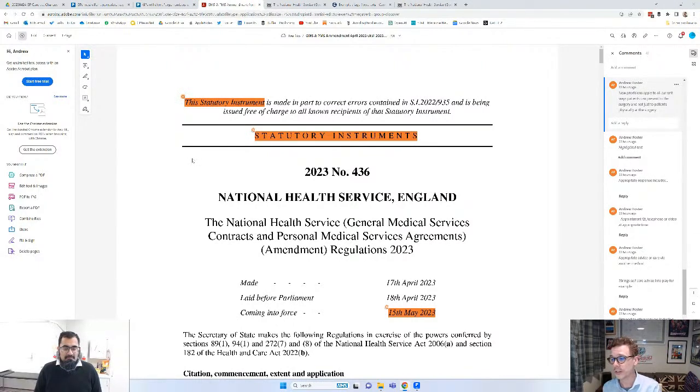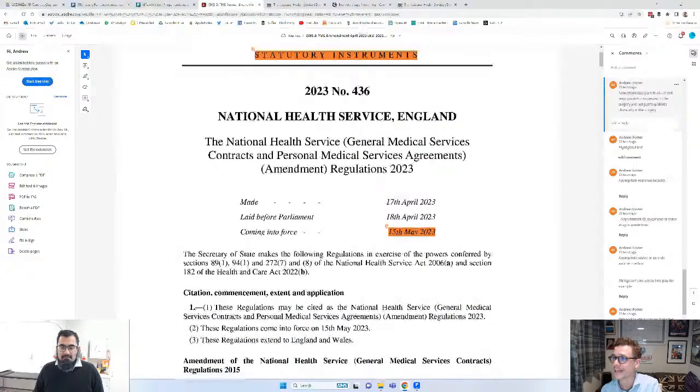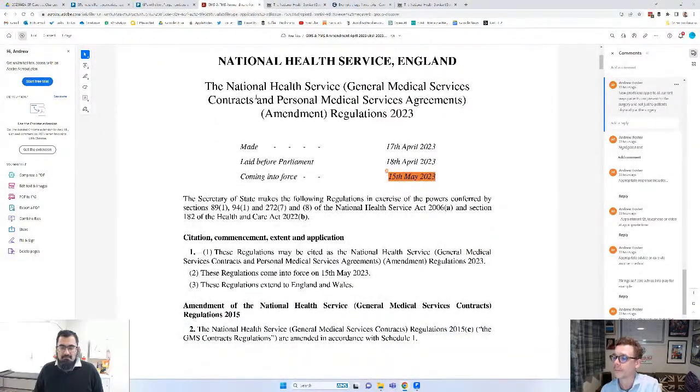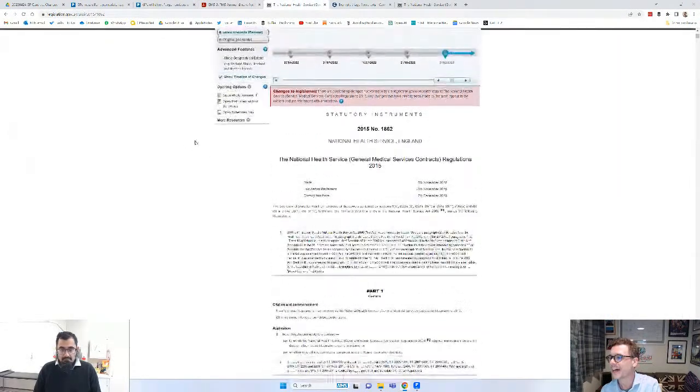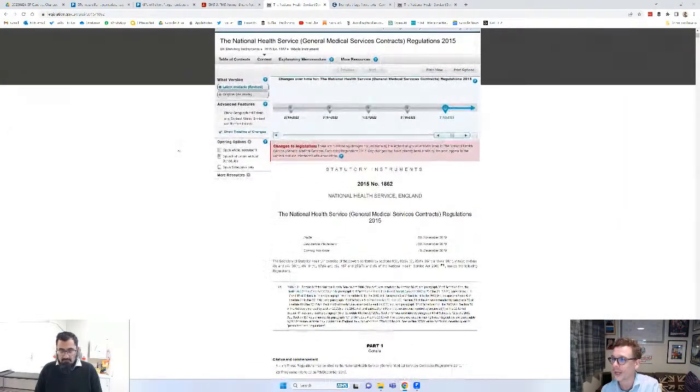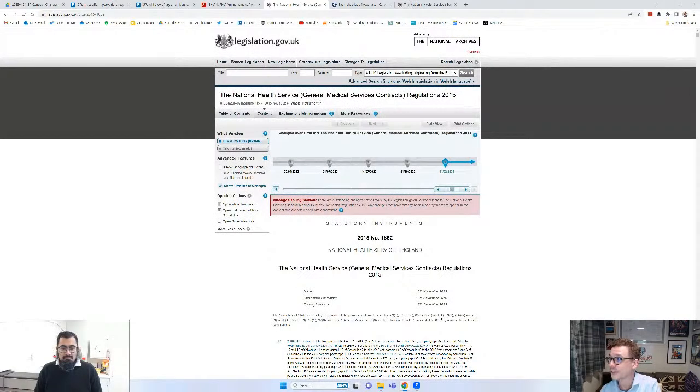Now, the other thing, in order to understand the statutory instrument and what it is doing to the underlying contract, it's actually quite helpful to have a window with the statutory instrument open, and then also open, and we'll link to this in the show notes, the main general medical services contracts, the regulations that govern them.